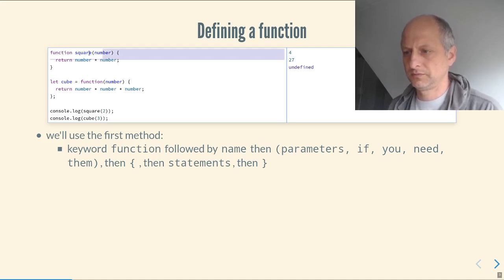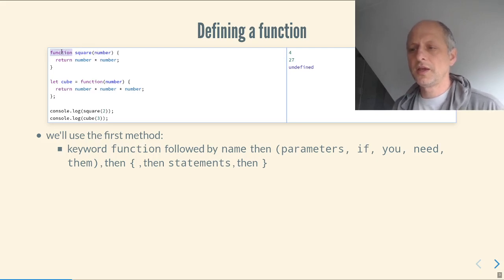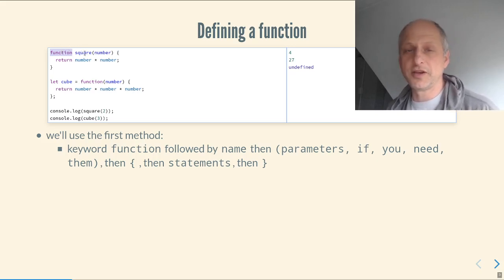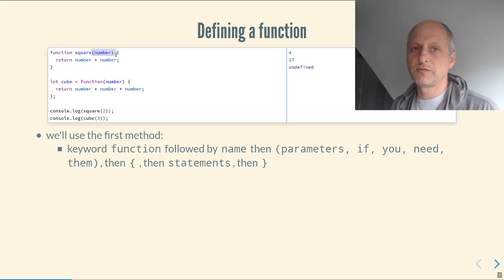a little trouble with the selection. There we go. We begin with the keyword function, and then we have the name of the function. So our function is going to be called square, and then we have a set of parentheses.